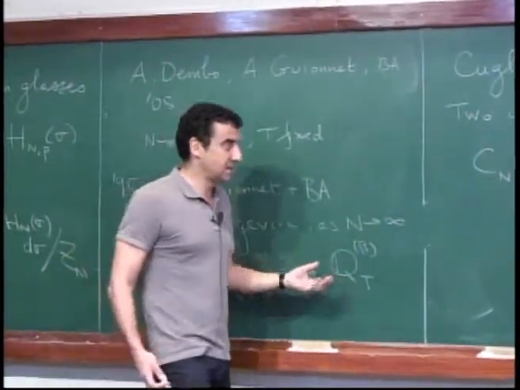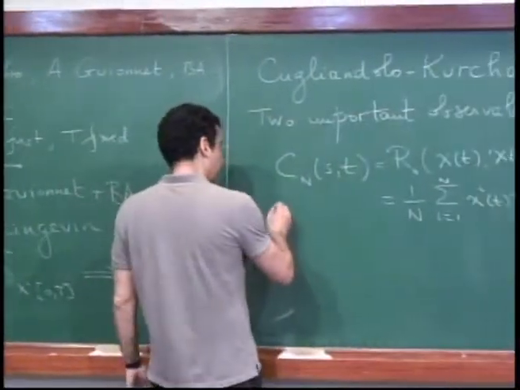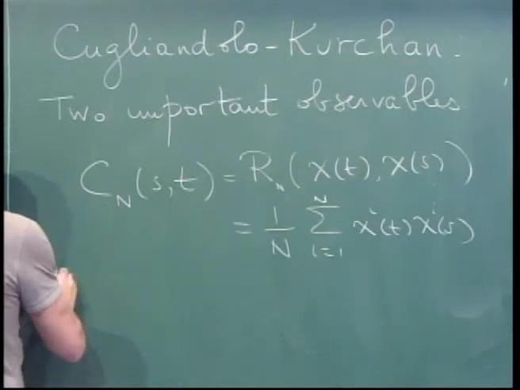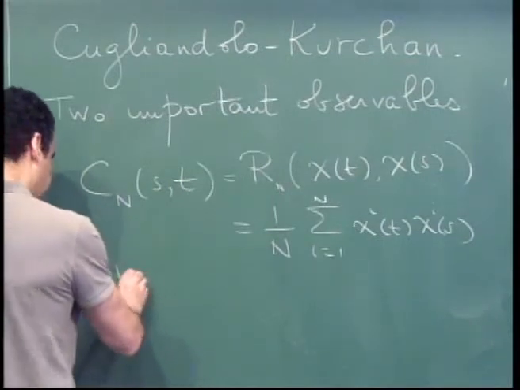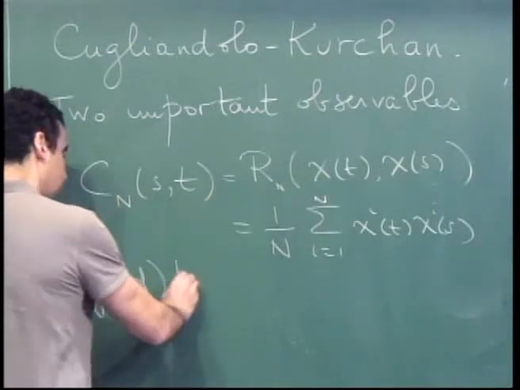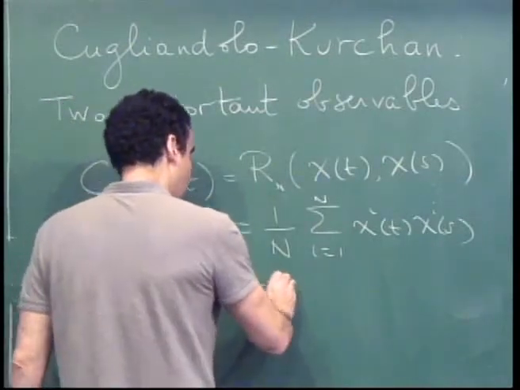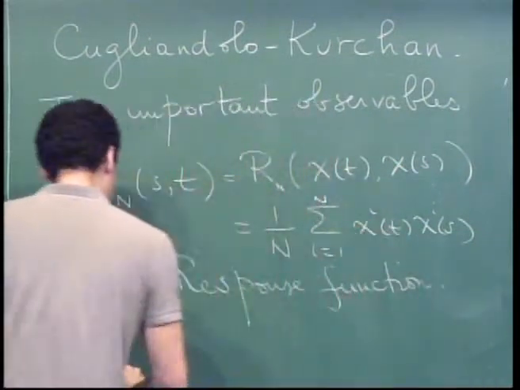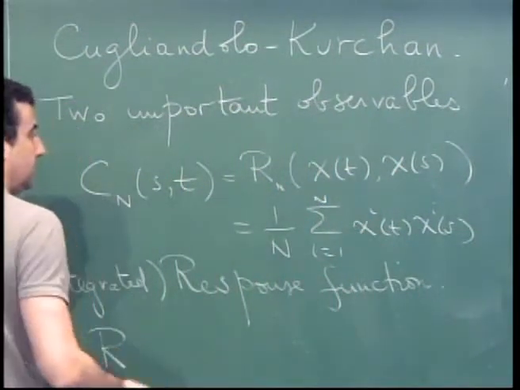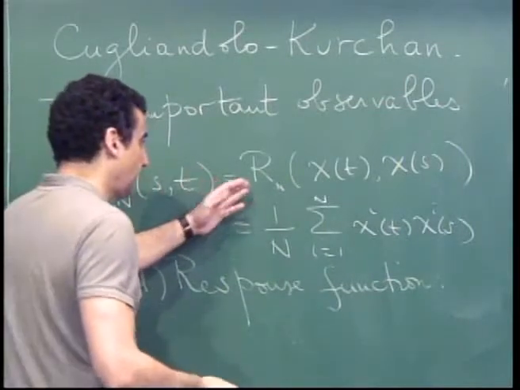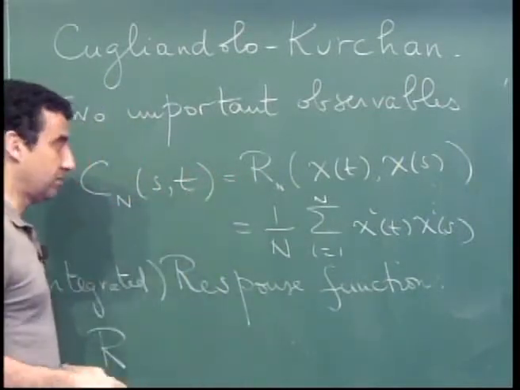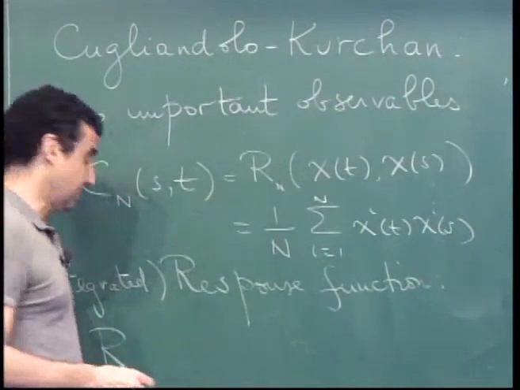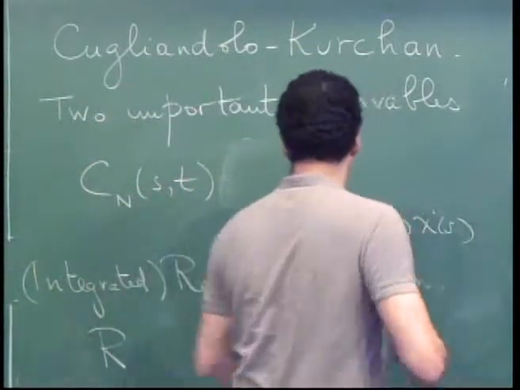But that's hard. The important thing is that it gave us the idea to look at what would be called here the integrated response function. So now that's where we talk about the fluctuation dissipation theorem, and it's the following. Okay, forget this. This R is not the overlap. This R is like a response. So let me erase this. The definition is here.